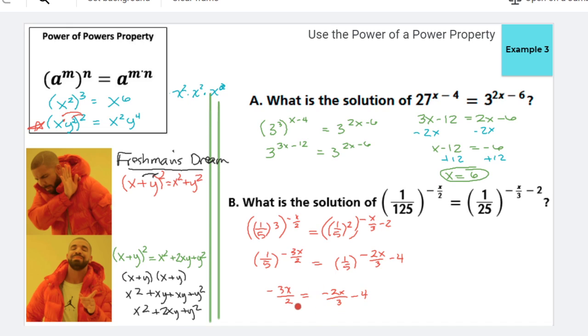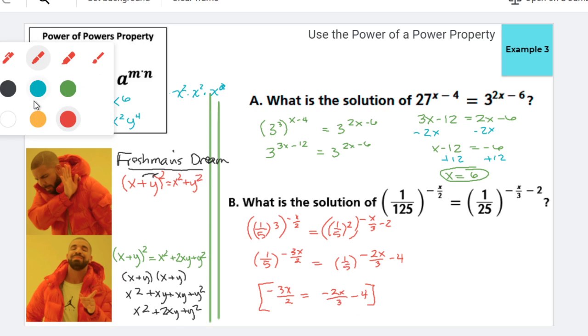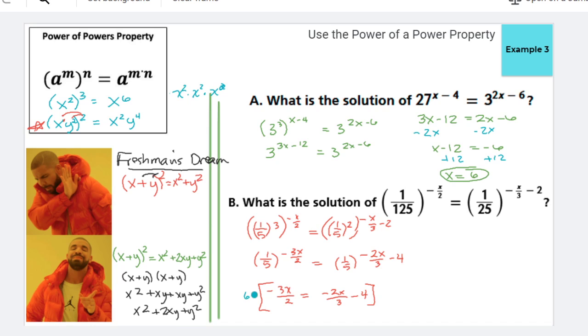Now I don't know about y'all, but I really hate these fractions. So I'm going to multiply those fractions by their least common denominator, okay? The smallest number that will cause those fractions to go away. So between 2 and 3, the first number I could think of is a 6. So I'm going to multiply this entire equation by 6 just to get rid of those ugly fractions, okay? So here, 6 divided by 2 is 3.